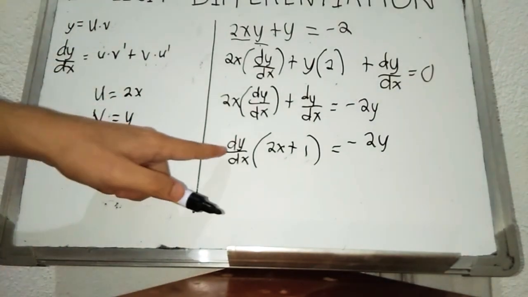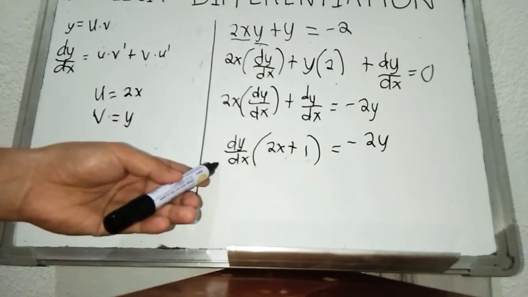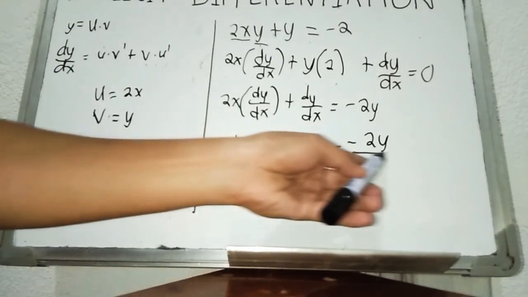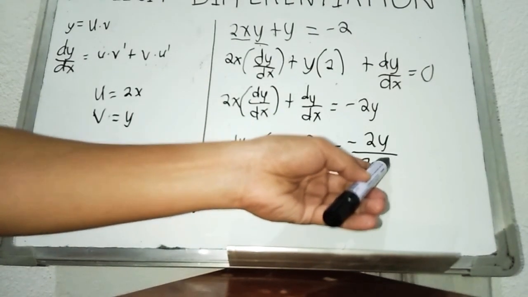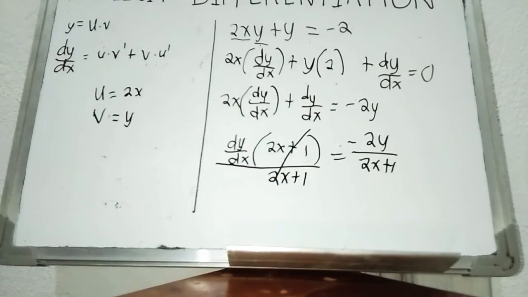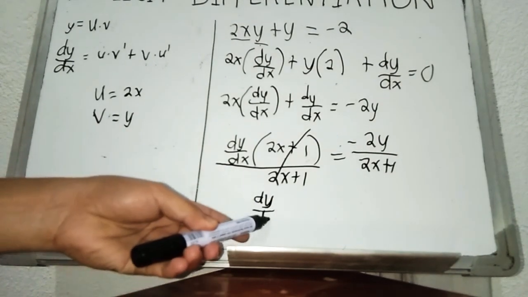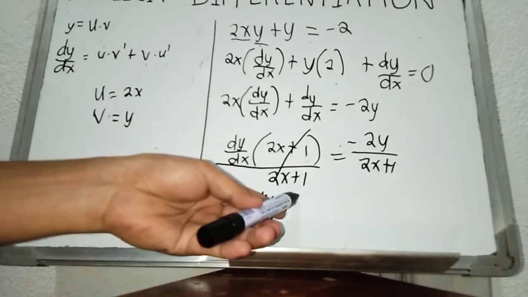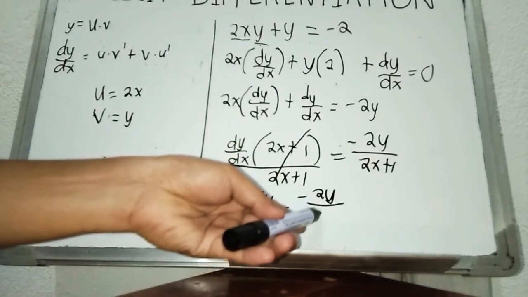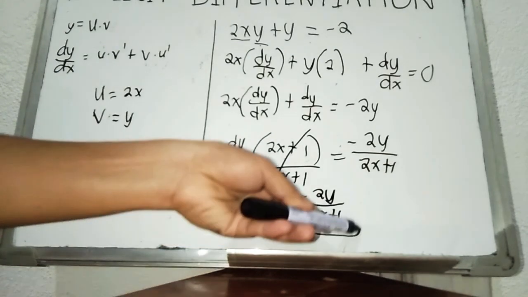And so if we are going to solve for dy over dx, we are going to divide both sides by 2x plus 1, and of course dividing on the right side to maintain the equality. At this point, we can now cancel that. What's left is dy over dx, which is now equal to negative 2y over 2x plus 1. This is now our derivative.